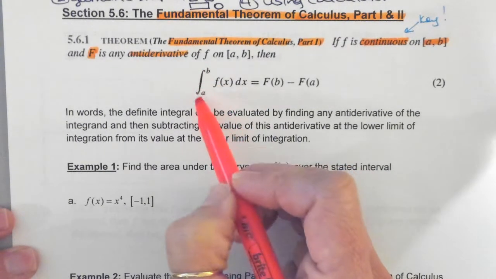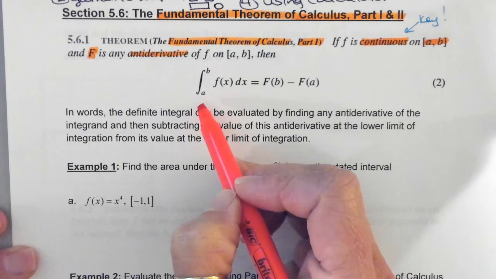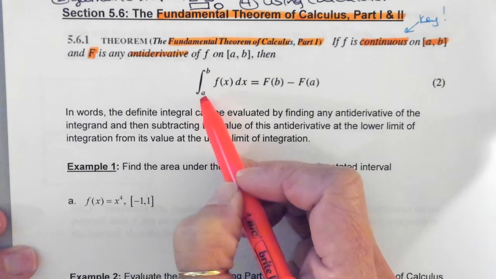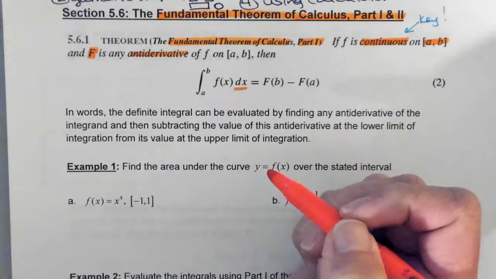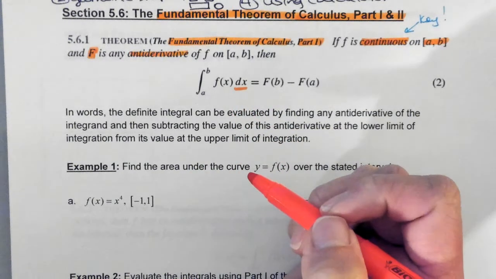You've got the integral from a to b, which means find the area under the curve. This is a definite bound of the given function. What does this note right here? What does that tell us we have? Yeah, you have the derivative.